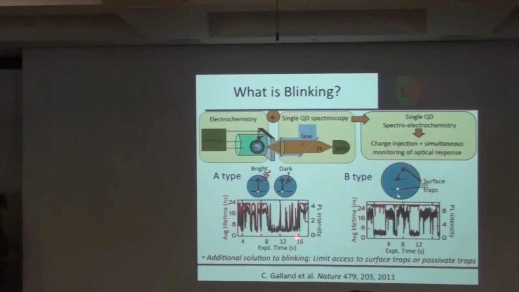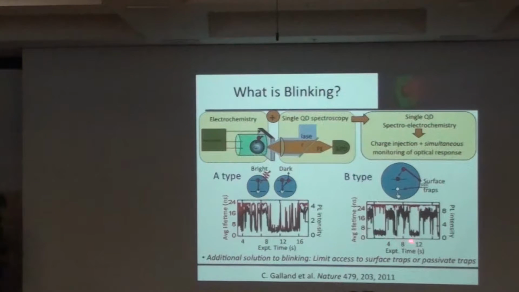They go to a gray state or a dim state. So when they're in the dim state, their average lifetime is short, and when they're bright, their average lifetime is long. And there's an explicit correlation between the darker states and a faster lifetime, and a brighter state and a slower lifetime. And so we believe this really can be attributed to the Auger-mediated blinking process, where one would expect that if Auger is active, then your lifetime would correlate with the intensity.